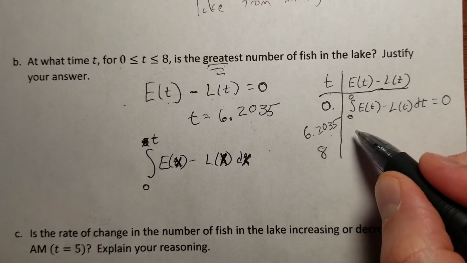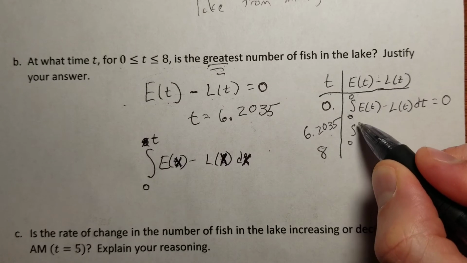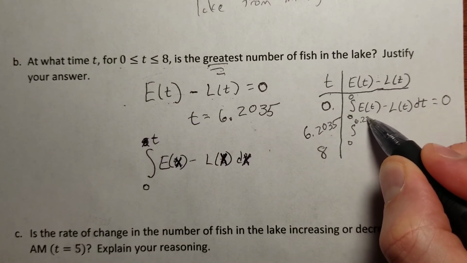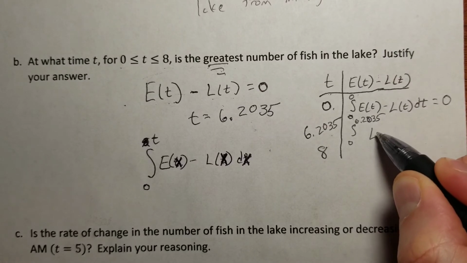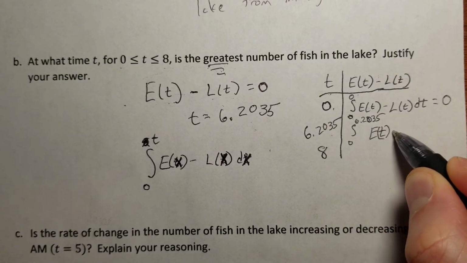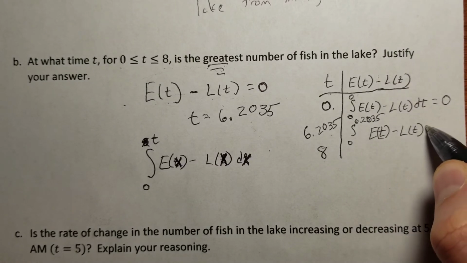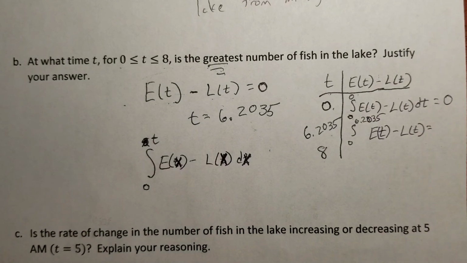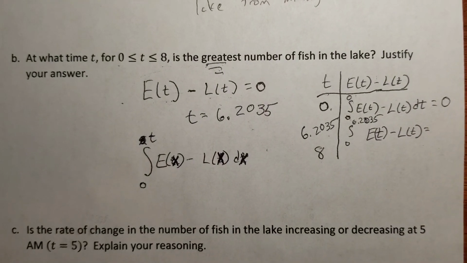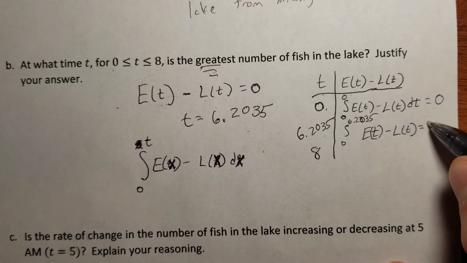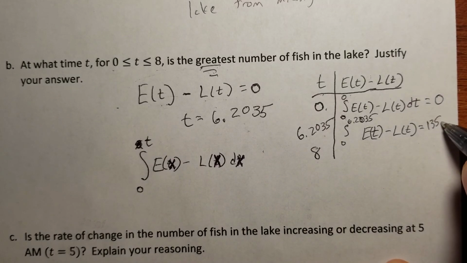For 6.2035, we're going to go integral from 0 to 6.2035 of E of t minus L of t. And again, I've already gone ahead and done the calculations here. I think it's 135.0142.